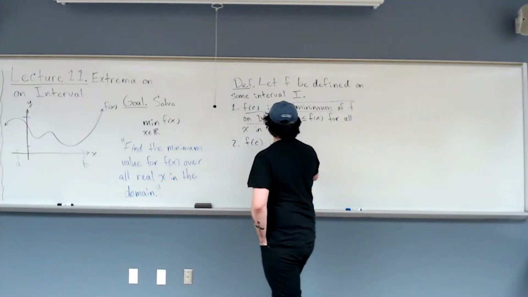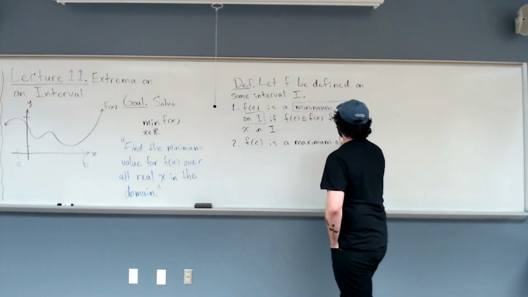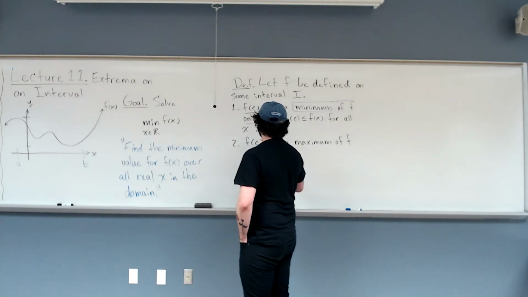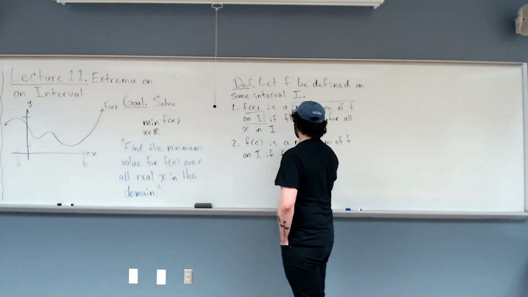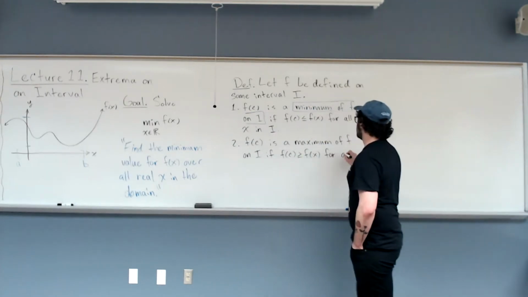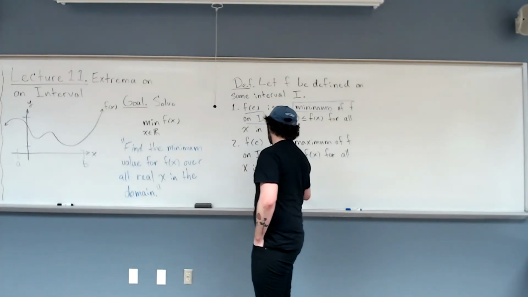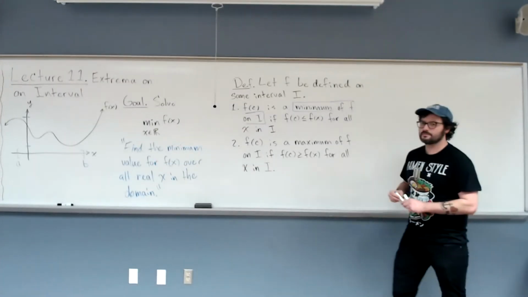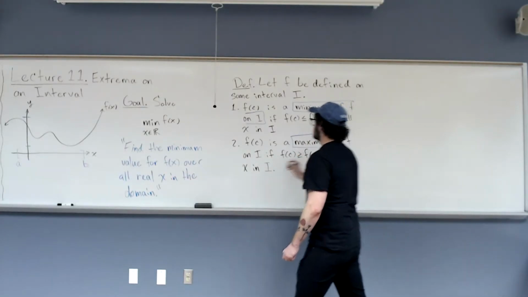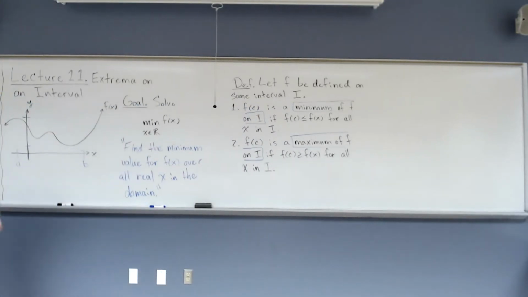So f of c is a maximum of f on I if f of c is greater than or equal to f of x for all x in I. Okay.